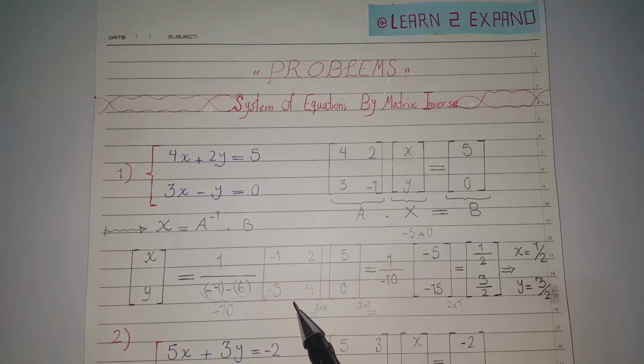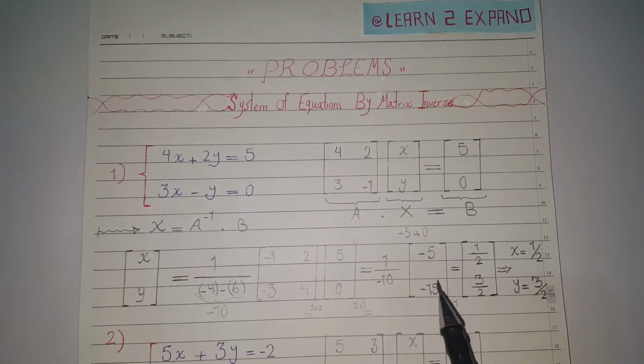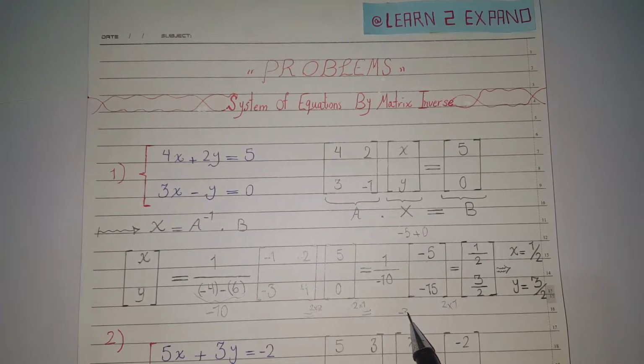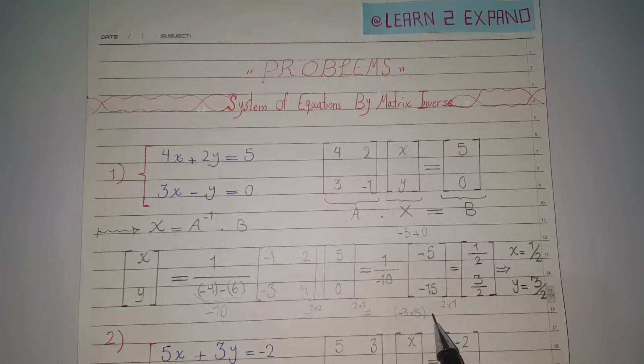For the other element, -3 times 5, plus 4 times 0, which is 0, overall is -15 here.